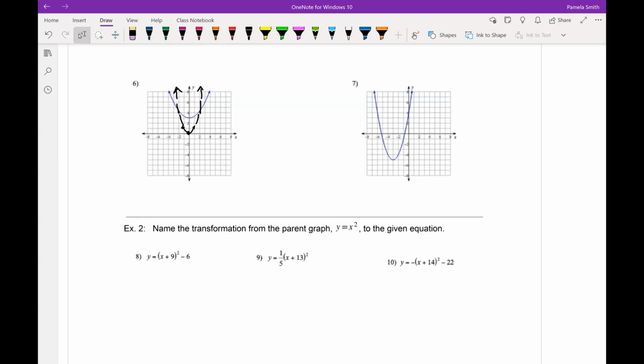So what has happened here from the parent function to the new function? Yeah, shifted up 3. So this one did not move left or right. So shifts up 3. And it is wider than the original, which means it is the vertical compression.